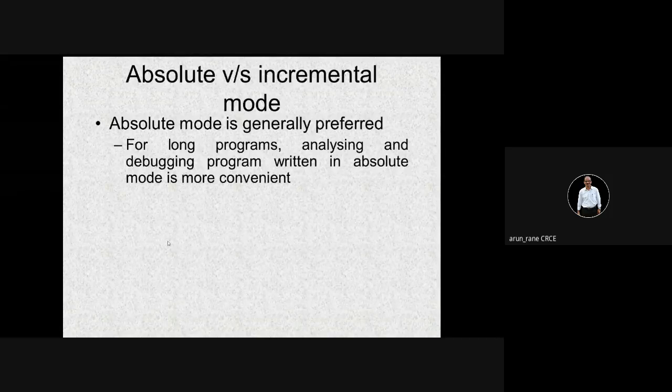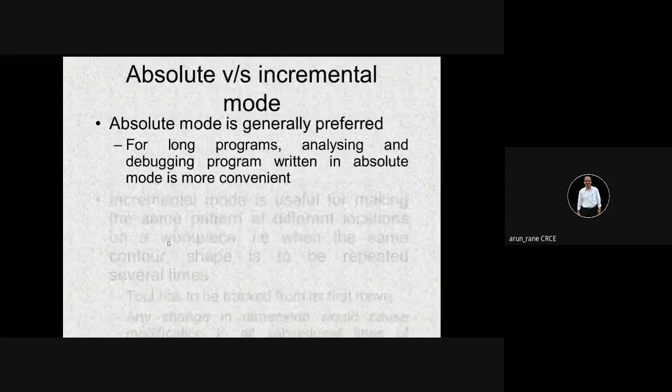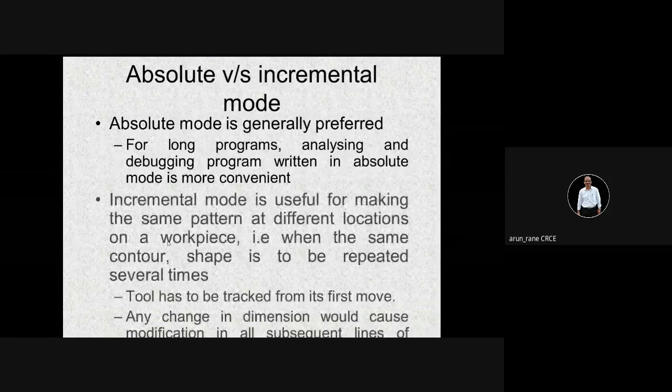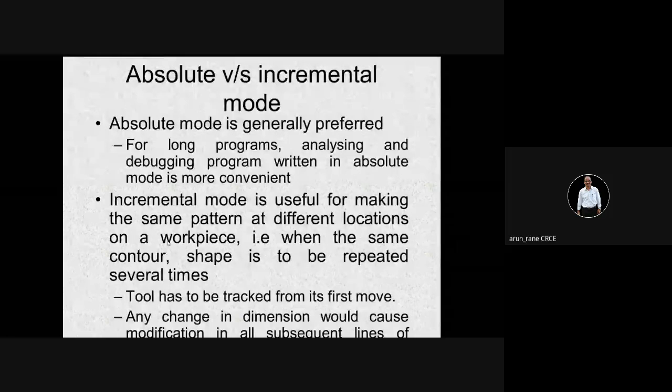Normal coordinate system, whatever we have learned in 10th standard. And incremental means it will give the position with respect to the previous position. That's why it is called incremental. Absolute code is specified by G90, and incremental code is specified by G91. Often the question asked is, differentiate between absolute and incremental code.